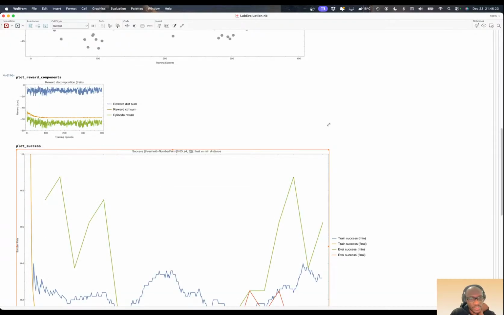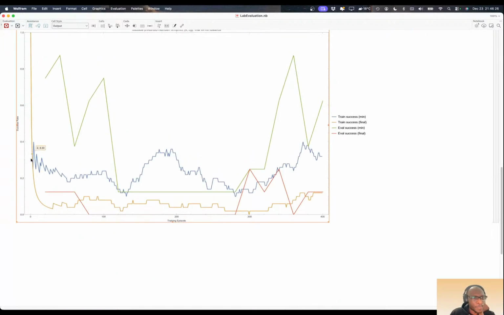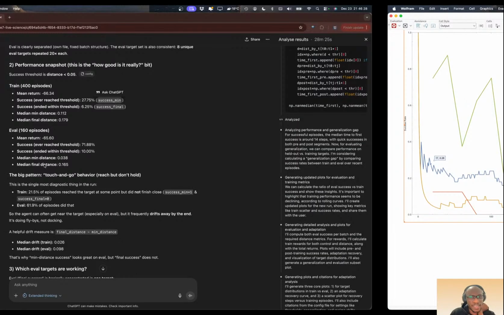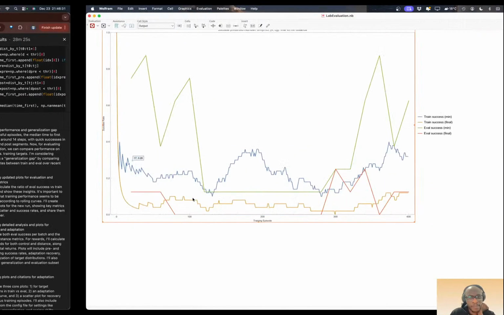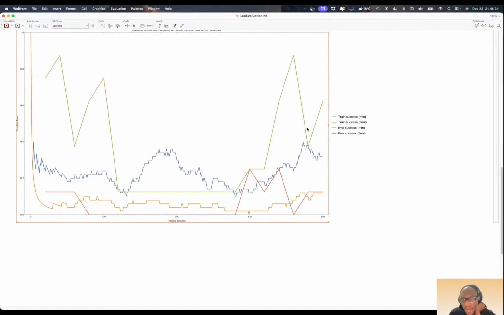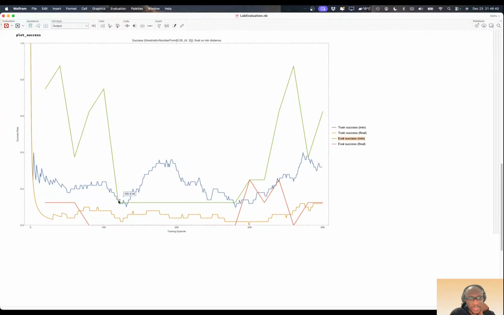So this is the graph that we're looking at. The mean, the eval mean, is the green one. How many reached threshold? The threshold is 0.05.